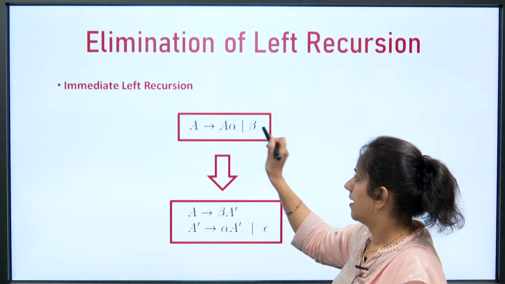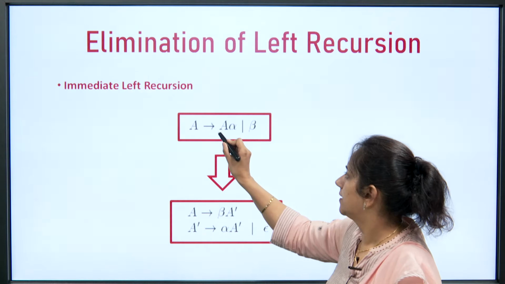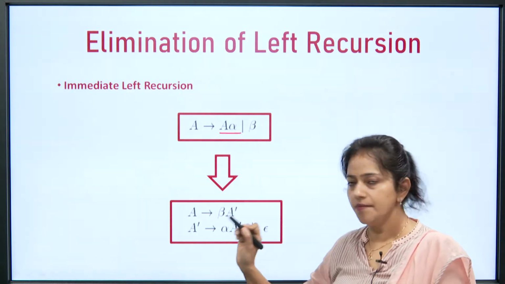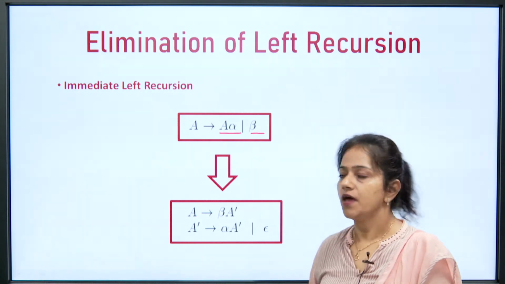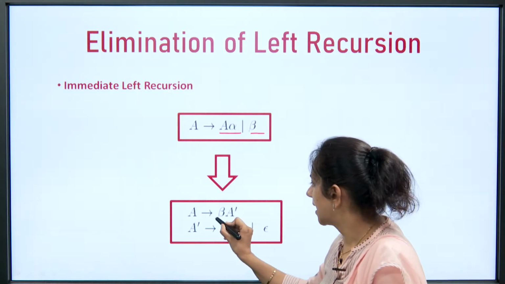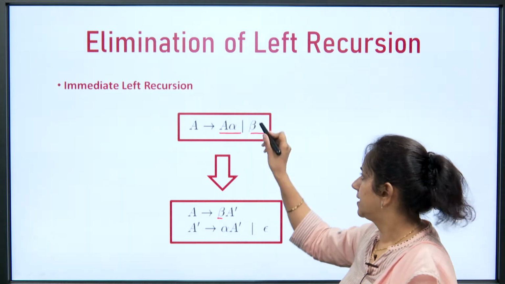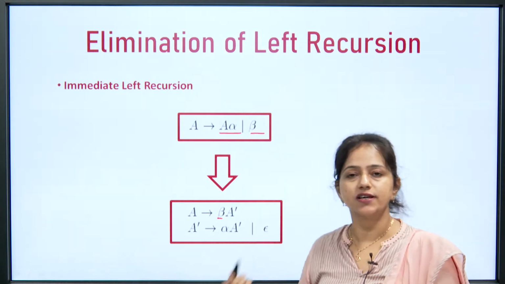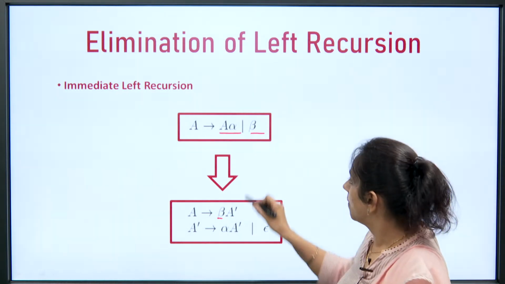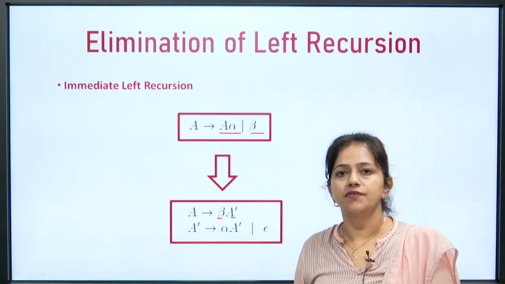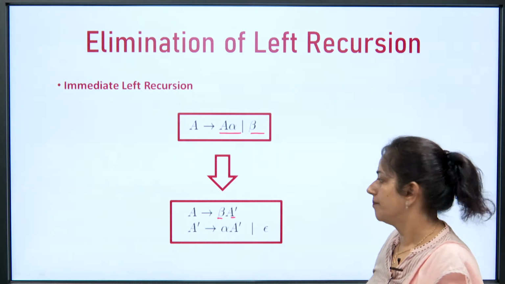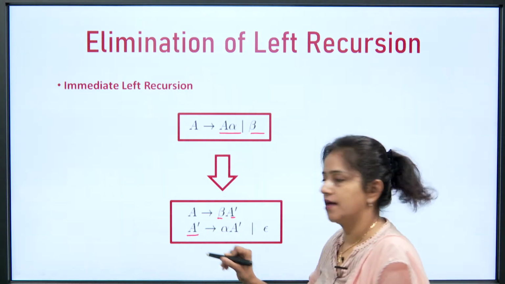A to A alpha is the alternate beginning with capital A, and beta is the alternate not beginning with capital A. Beta and alpha are strings of grammar symbols, and now beta is concatenated with A prime, the new non-terminal. Now, we will write rules for A prime.